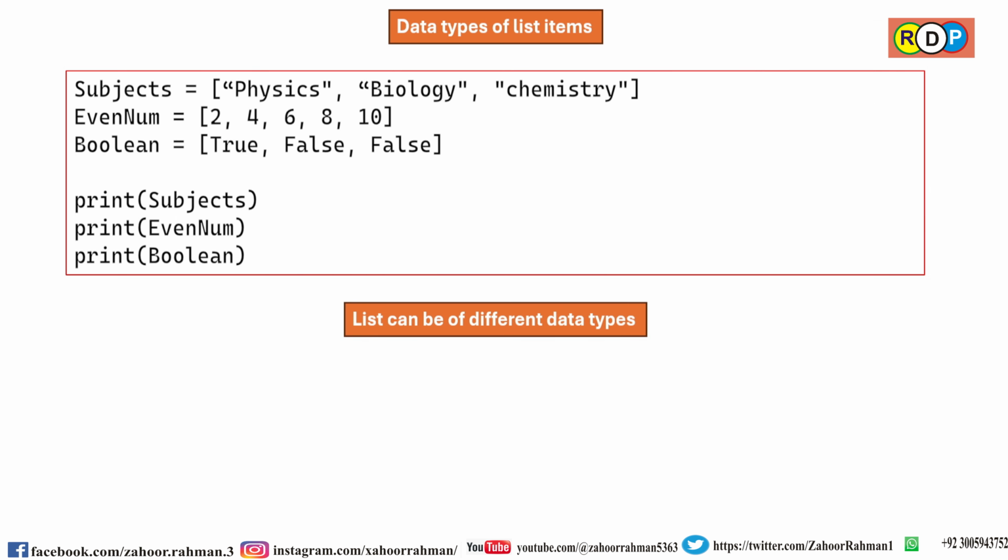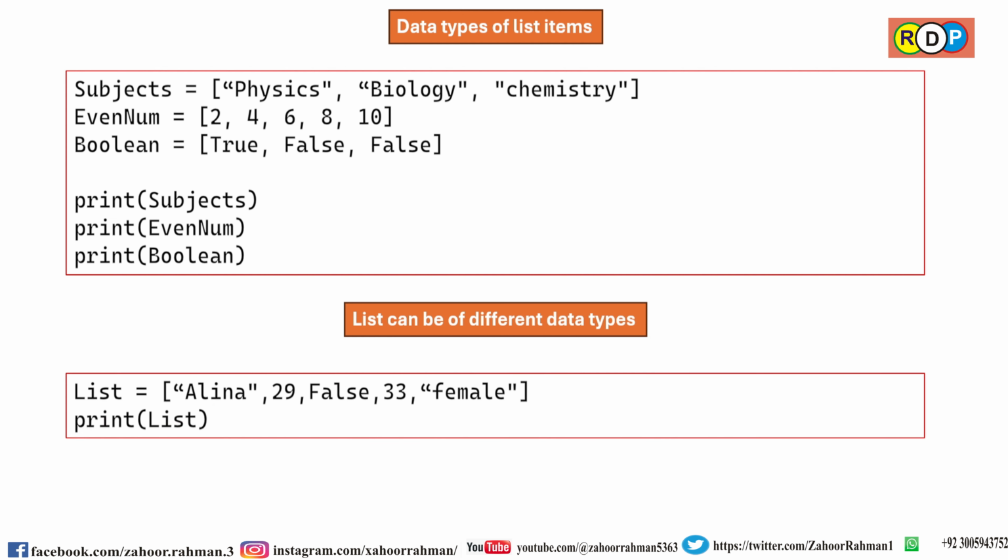Let us understand that a list can be of different data types. Here in the list, there is physics, biology, and chemistry. Here, even number and Boolean, they are integer and Boolean respectively, but a list can be of different data types.